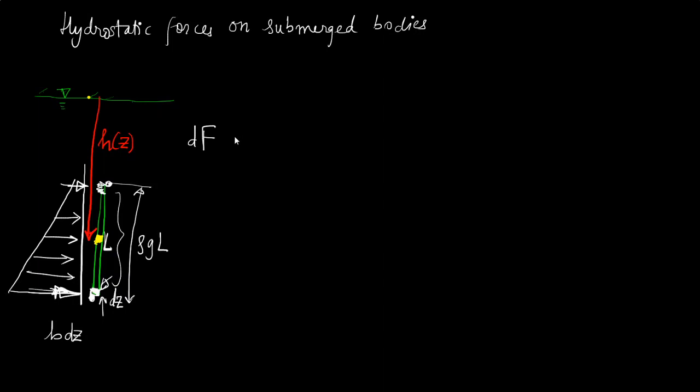So df at the location h will be equal to rho g z, that is the pressure acting at this point, times the area. The area will be b times dz, plus the atmospheric pressure times b dz. Essentially the pressure at this point is equal to p atmosphere plus rho g z.